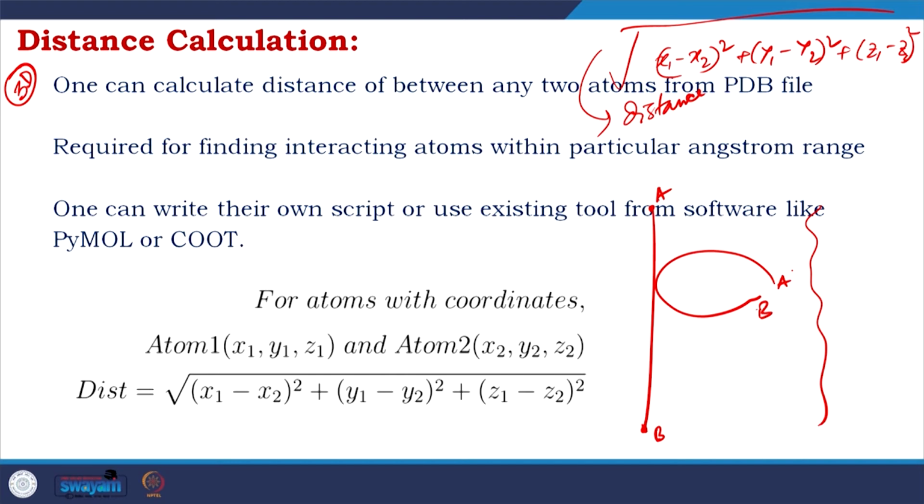So, if you are looking at a protein and you are looking at two residues, the distance would be calculated by this. How would it be helpful?